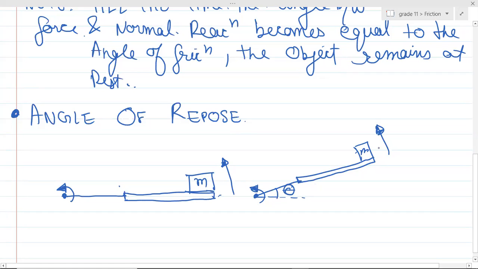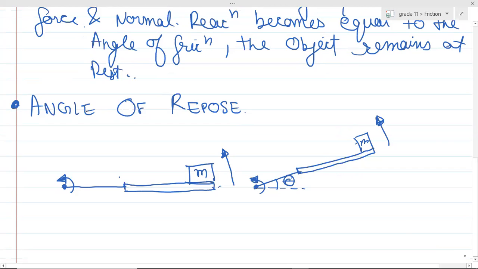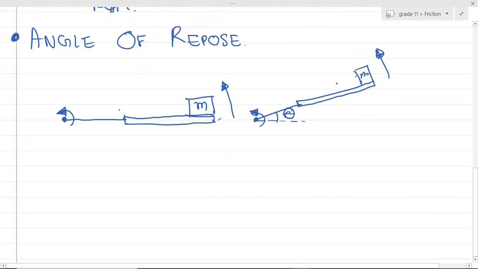If we keep on raising this by a certain angle, then there will be one angle where this block will just start sliding over this surface. Yes or no? This is much better to explain when you see the practical in the class itself. In the practical, we have those folding chairs.